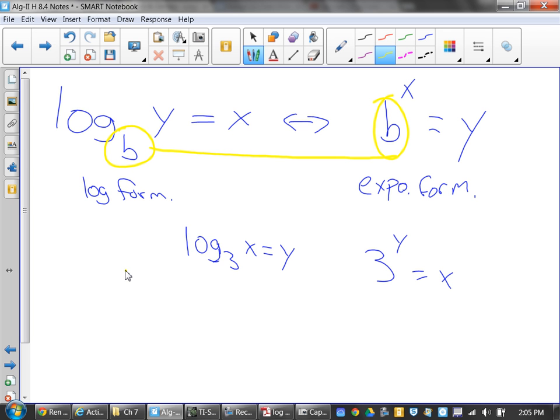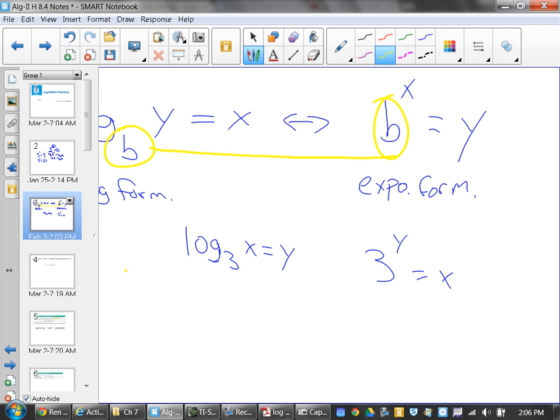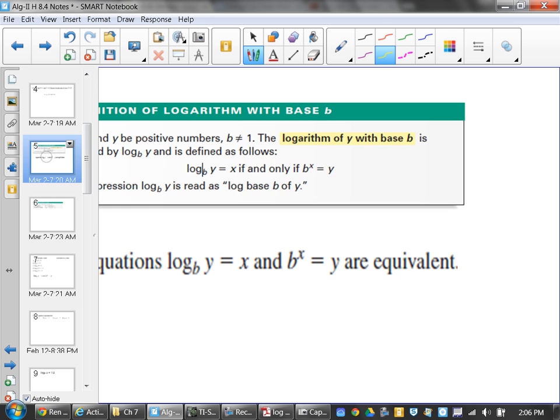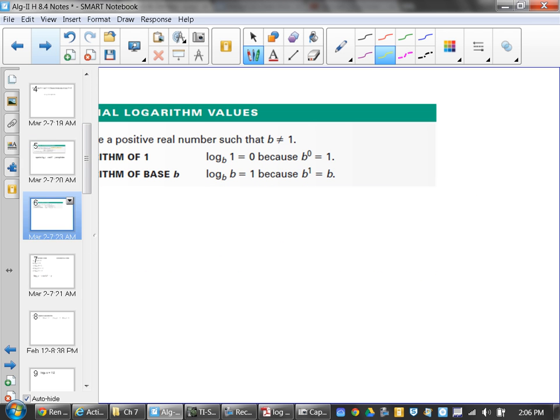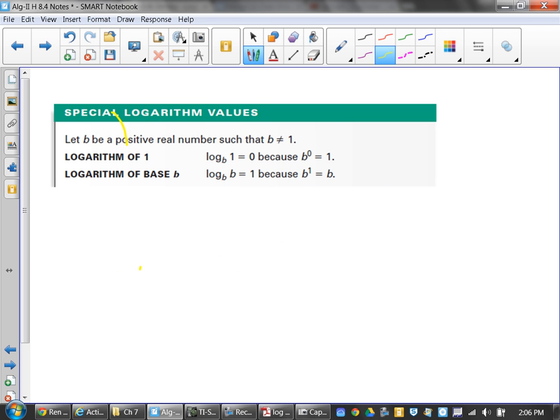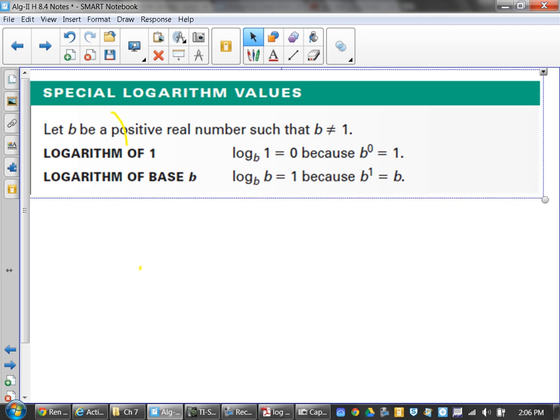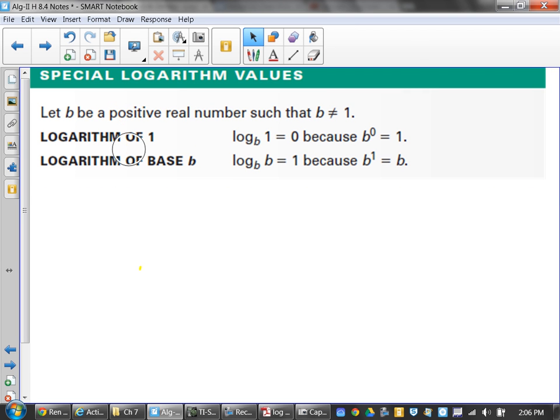All right? There are a couple of very easy properties that we use right off the bat with these. For example, log base b of y is x.